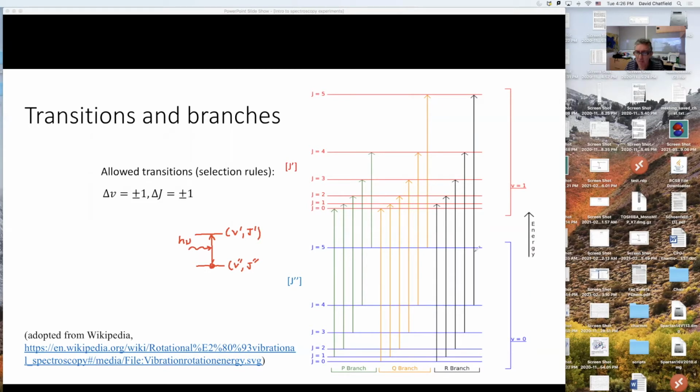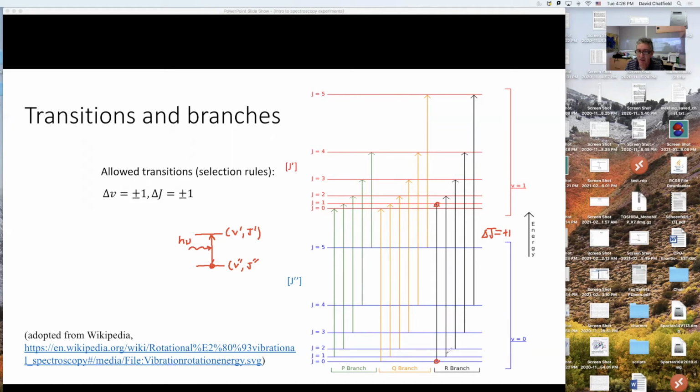So let's talk about these. First, let's talk about this line. We're starting in v equals 0, j equals 0, going up to v equals 1, j equals 1. That's a delta j equals plus 1 transition.